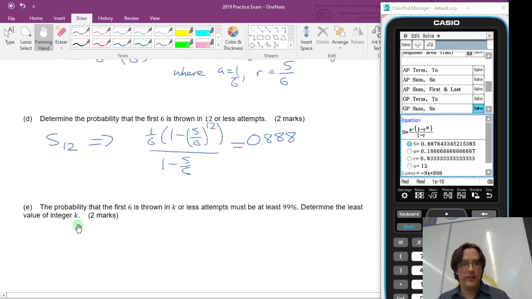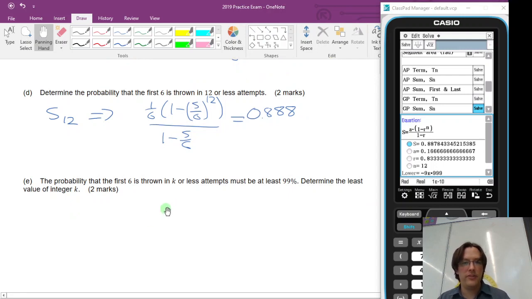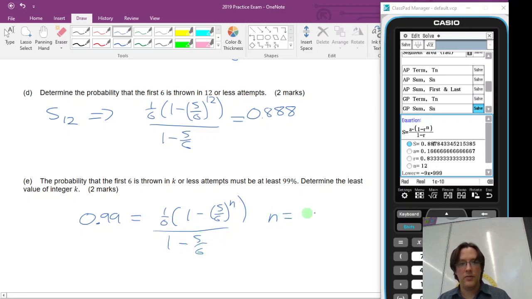So the probability that the first 6 is thrown in k or less attempts must be at least 99%. So we want to find 0.99 equals 1 over 6 times 1 take 5 over 6 to the power of n, over 1 take 5 over 6. Let's work that out.